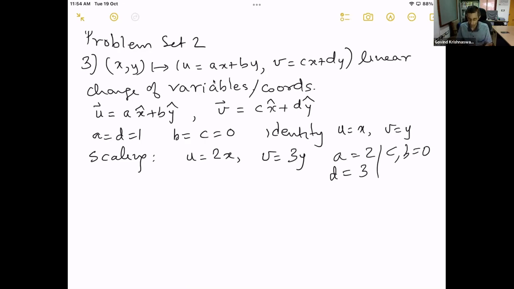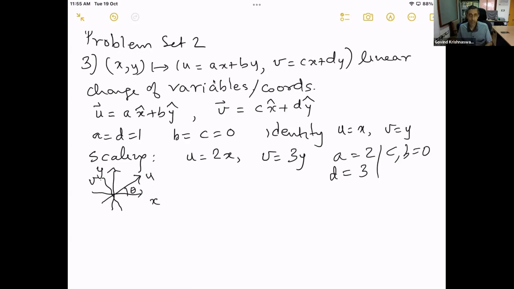So there are many examples. For example, in a rotation, your xy coordinate system would look like this: the xy axis, and the uv axis. Suppose you did a counterclockwise rotation by some acute angle, you would go to u and v in this manner, by some angle theta, for instance. You can cook up a lot of examples by choosing appropriate values for a, b, c, d.